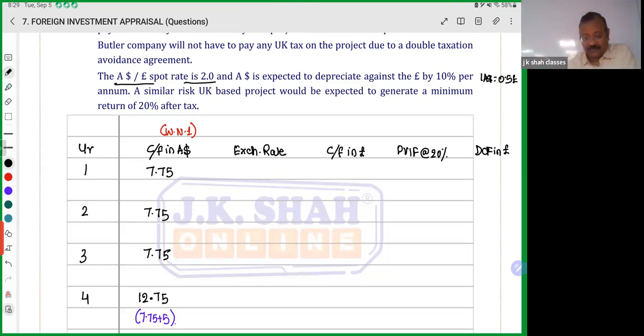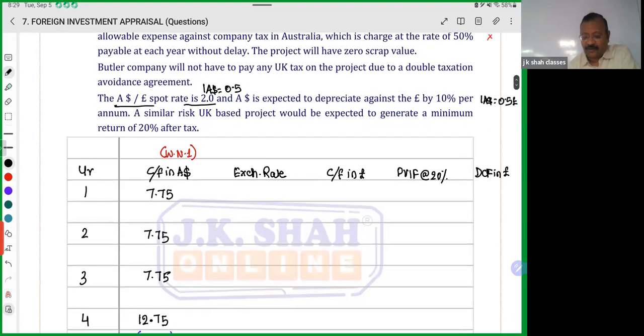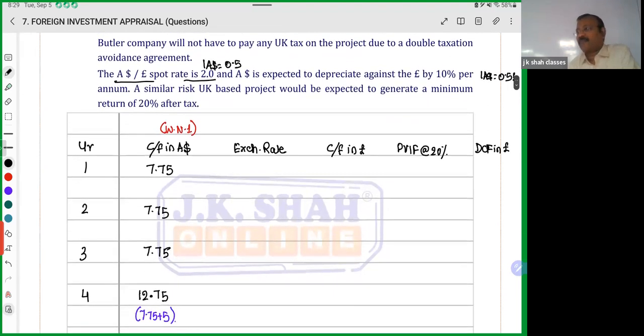I don't know what is given there in the 1 Australian dollar 0.5 and Australian dollar is expected to depreciate against the pound by 10%, right?